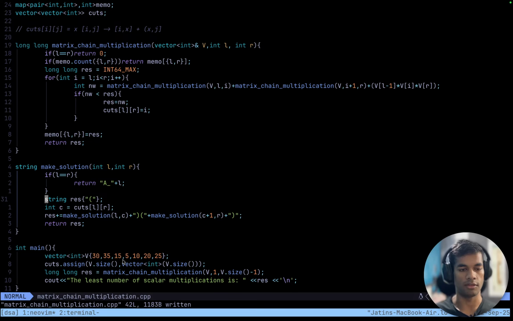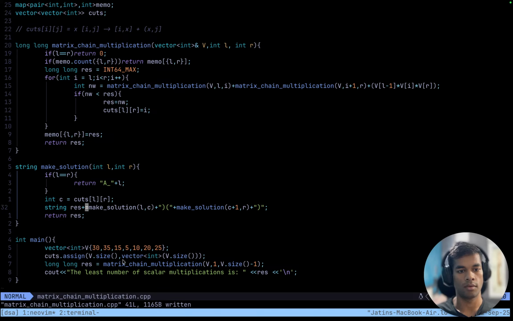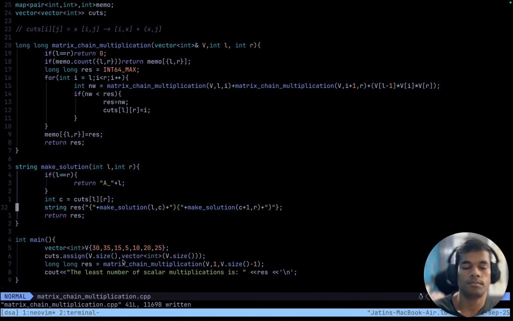We can say this like right here, string res equals, or make this look more complicated like this. And on the left, we will have this. That should work, right?